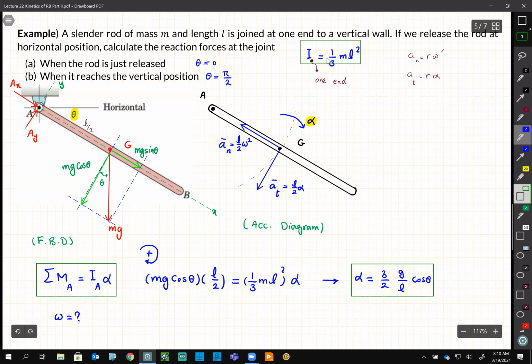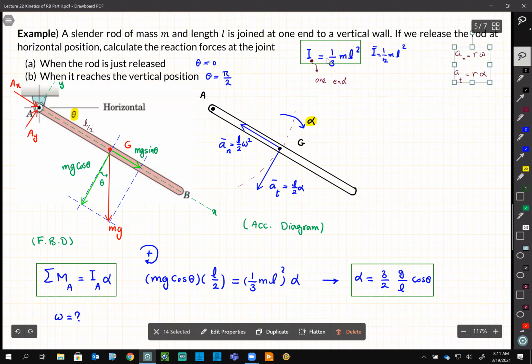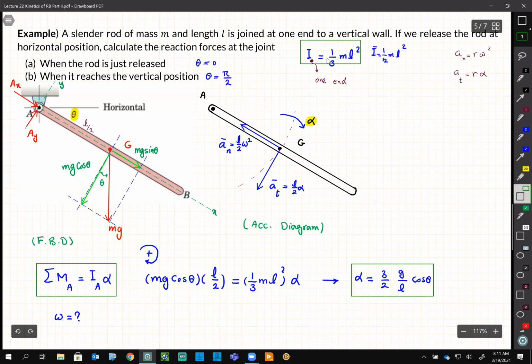And be careful, for a link, I bar is 1 over 12 ML squared, right? These two are different. One is about its center of gravity and one is about one end, which using the parallel axis theorem would get the same answer. But when you solve a problem, do not rush to just put 1 over 12 here, because then all your calculation, which will be based on alpha, will be wrong.